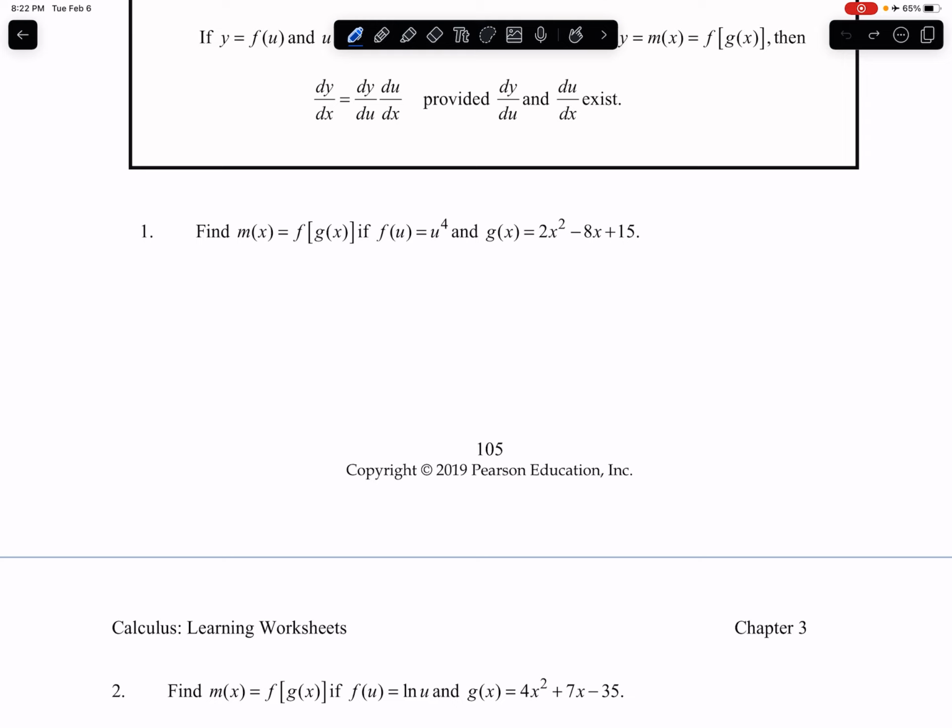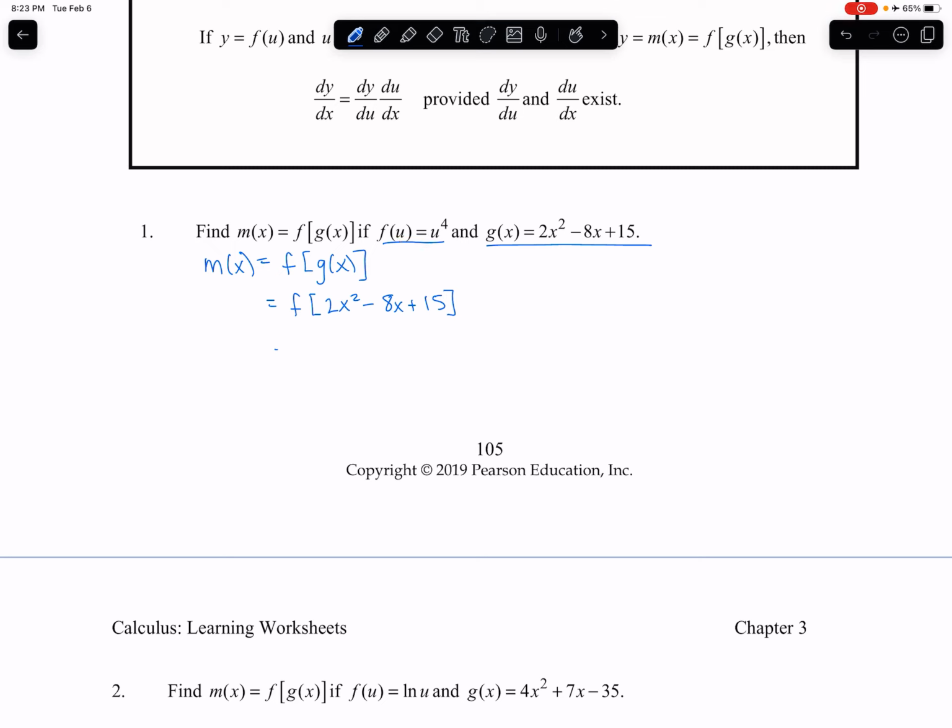Find m of x equals f of g of x if f of u equals u to the fourth and g of x equals 2x squared minus 8x plus 15. So, since m of x equals f of g of x, and we have g of x here, I'm going to plug g of x in, 2x squared minus 8x plus 15, and f is u to the fourth.